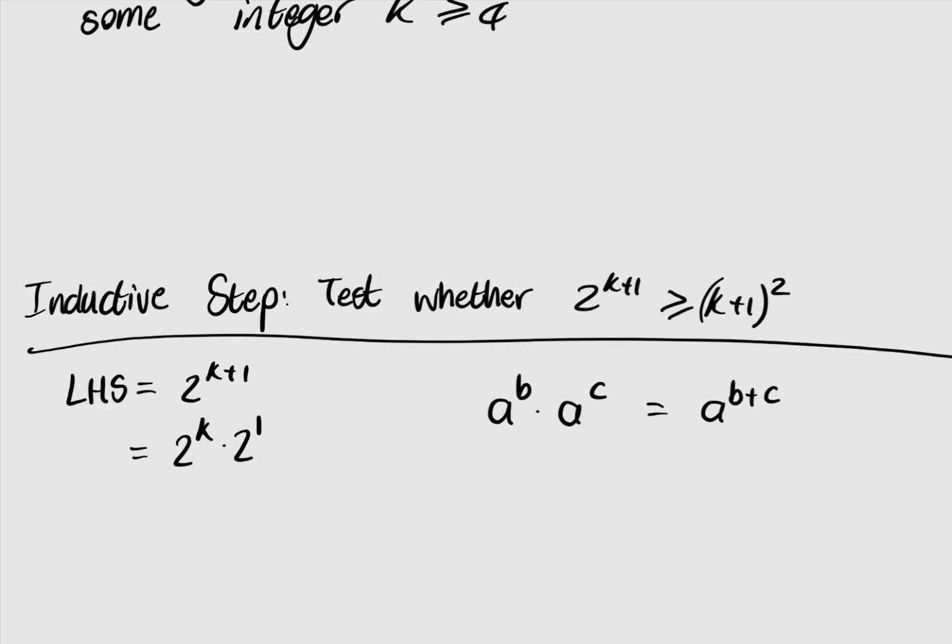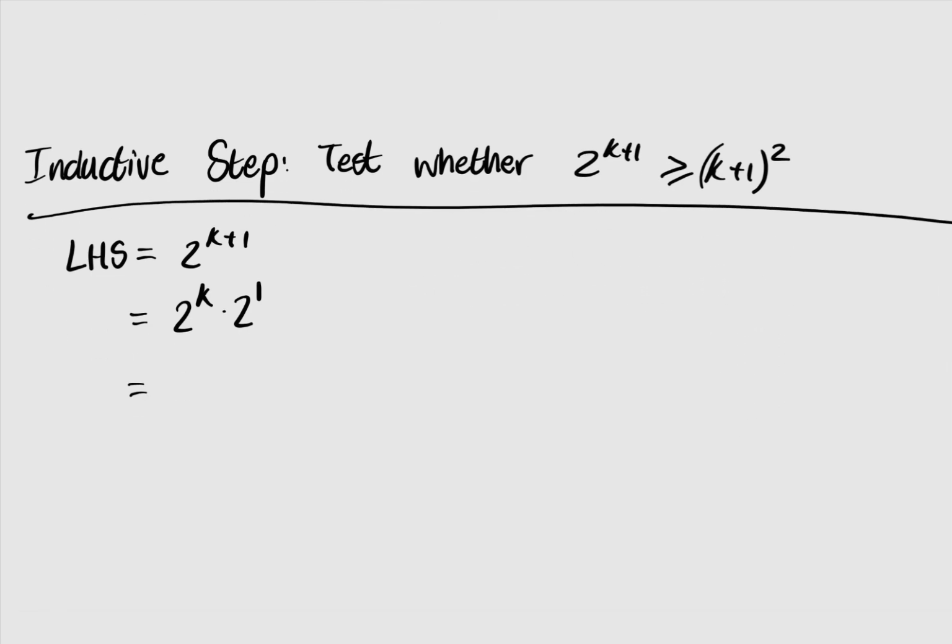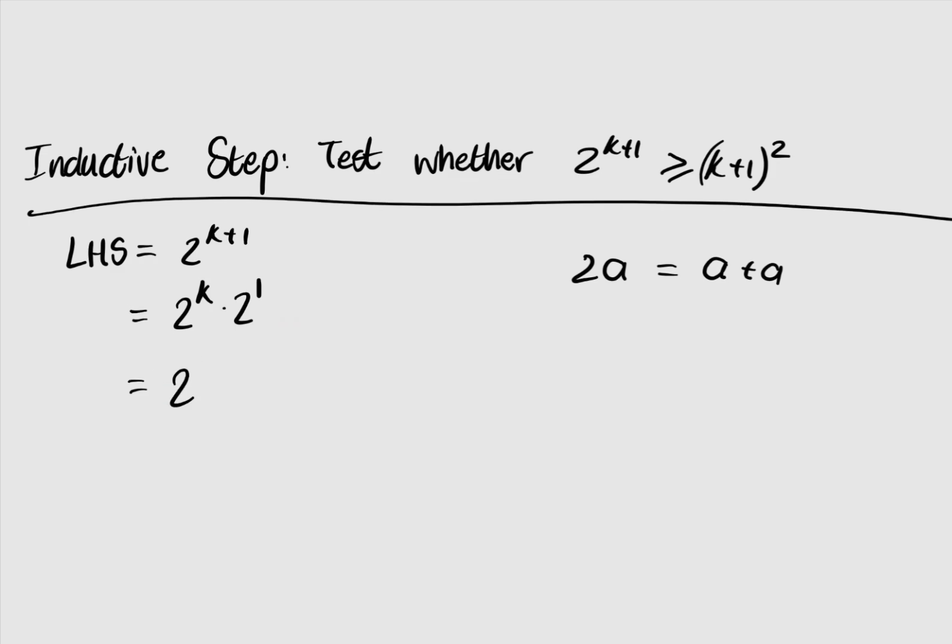When you have two exponents of the same base multiplied by each other, it's just equal to the base to the power of the sum of the exponents. So that's why you can do that. And also, for example, 2a is just equal to a plus a. So 2 times 2 to the k is equal to 2 to the k plus 2 to the k.